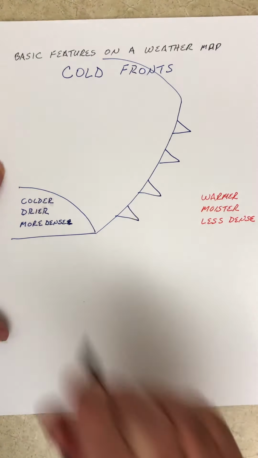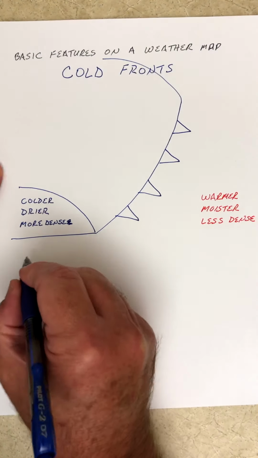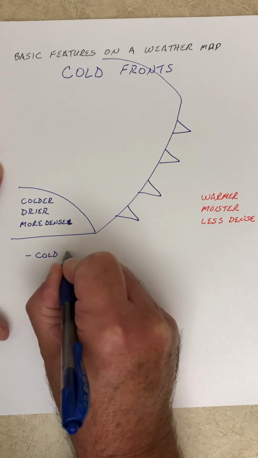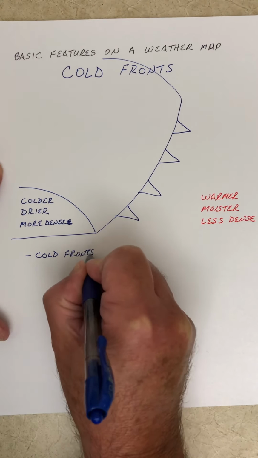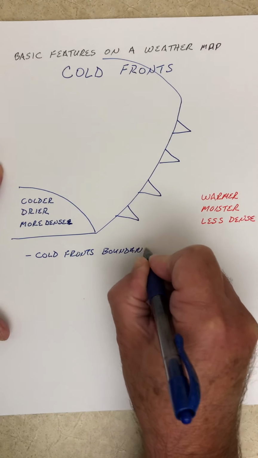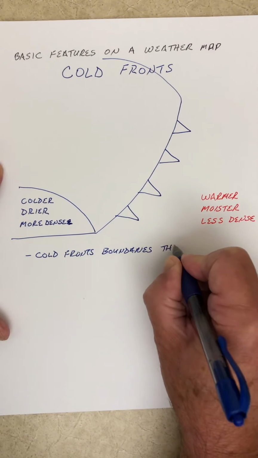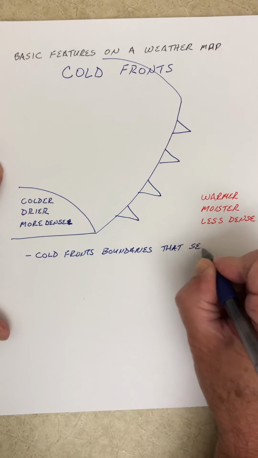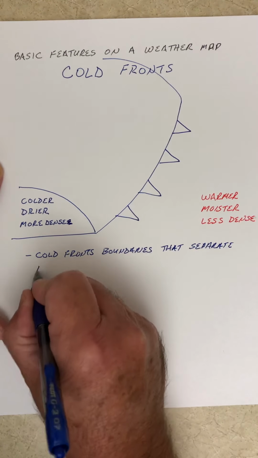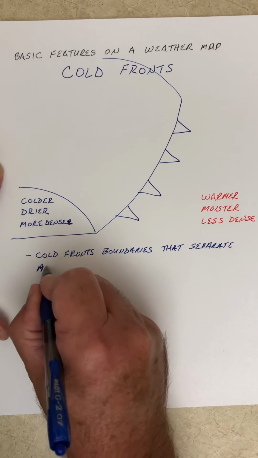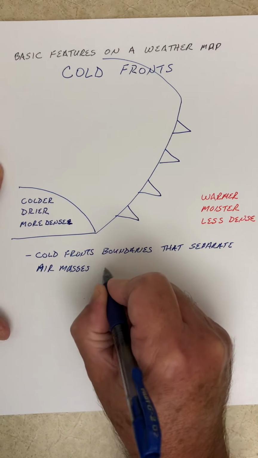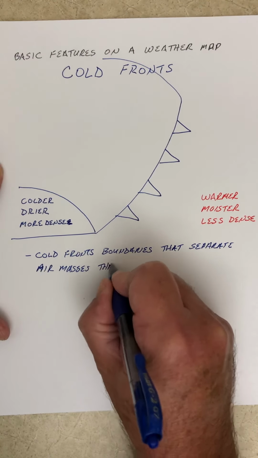Okay, so the cold front itself, or fronts in general, but we'll talk about cold fronts more specifically here. So cold fronts are boundaries that separate air masses that have different densities.